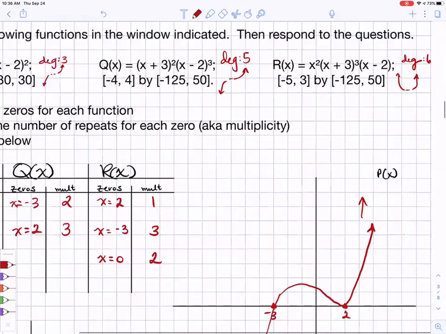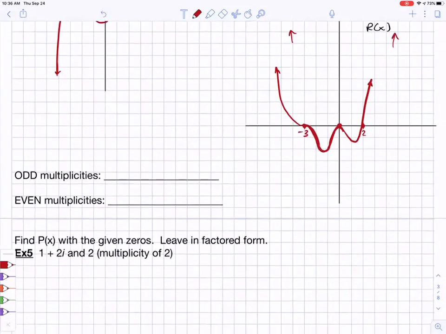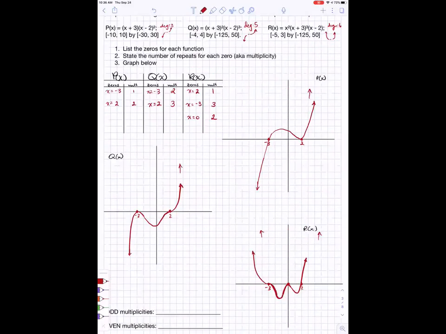Down at the bottom of this page, I'm talking about the even multiplicities and the odd multiplicities. What I want you to do is look at all of the even multiplicities on all 3 graphs. Find the even multiplicities on all 3 graphs.